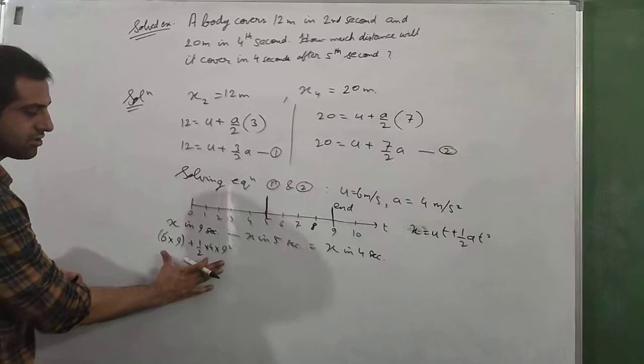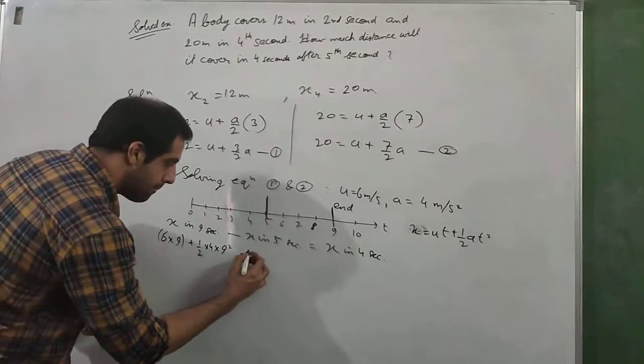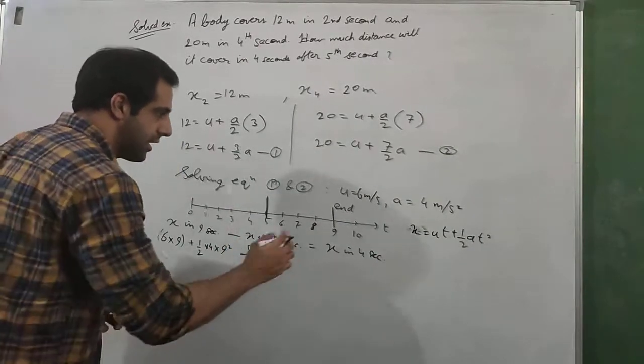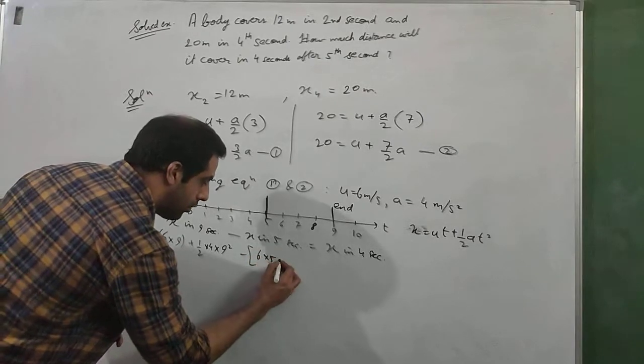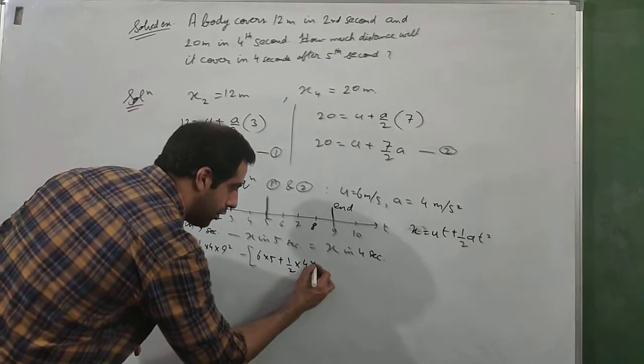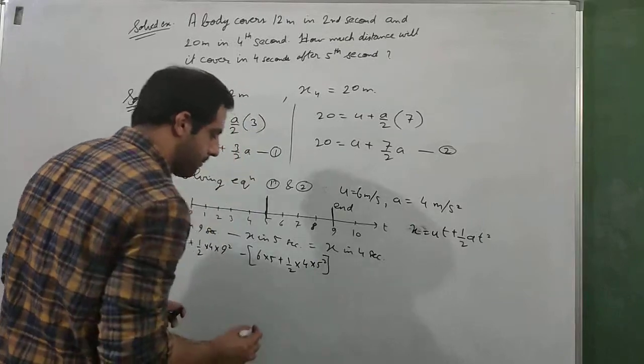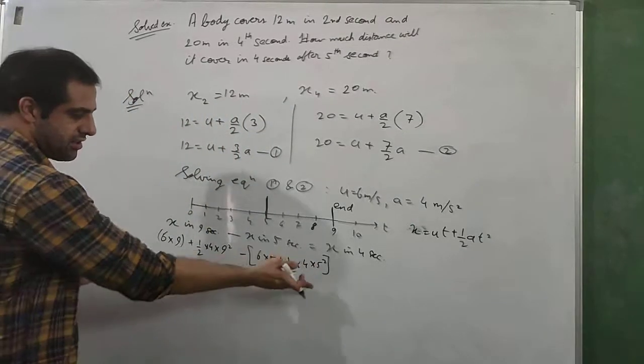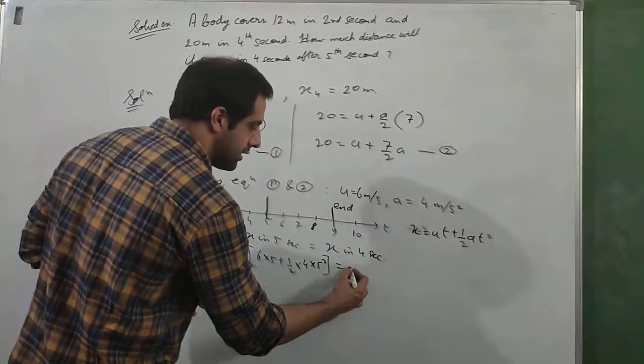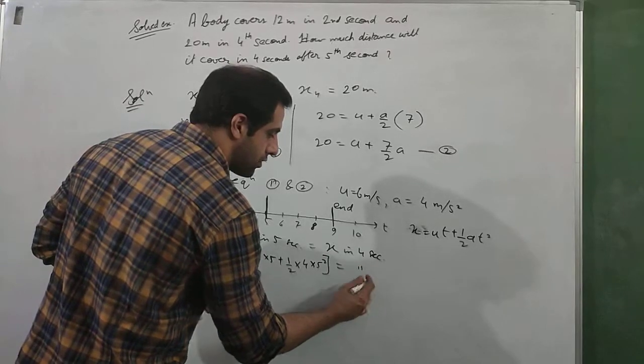This is the distance traveled in 9 seconds, minus the distance traveled in 5 seconds: 6 into 5 plus half, 4 into 5 square. If we calculate this, we will get our answer, the distance traveled in 4 seconds.